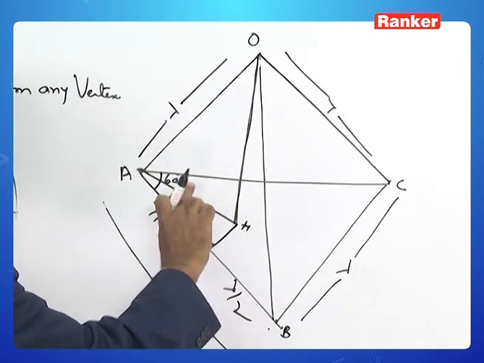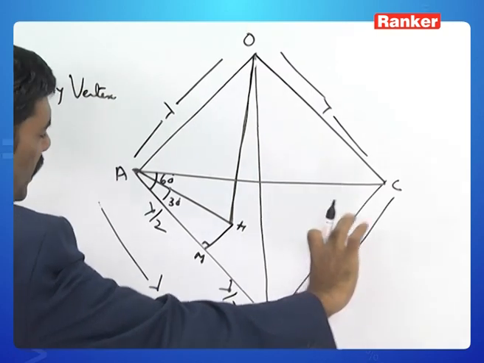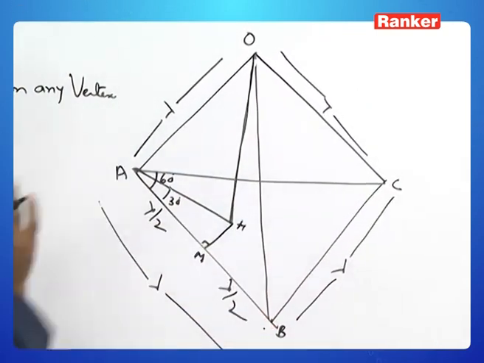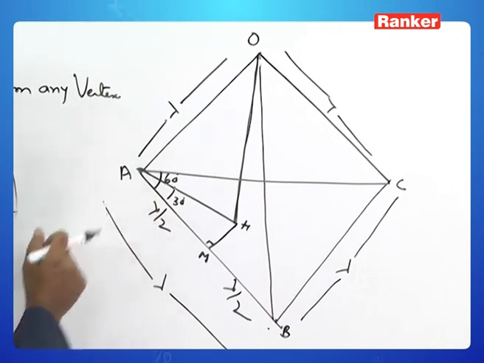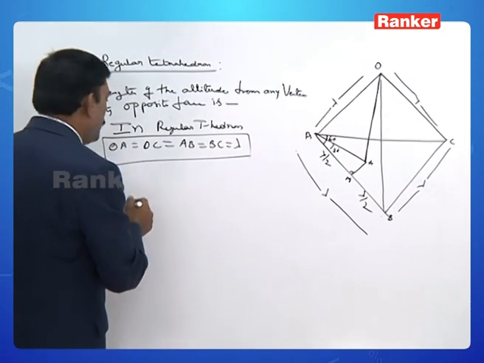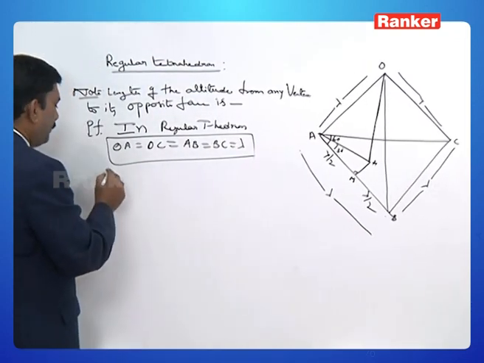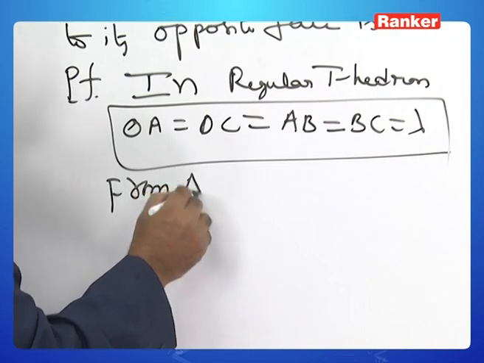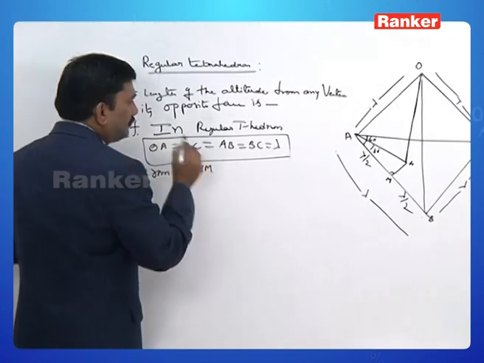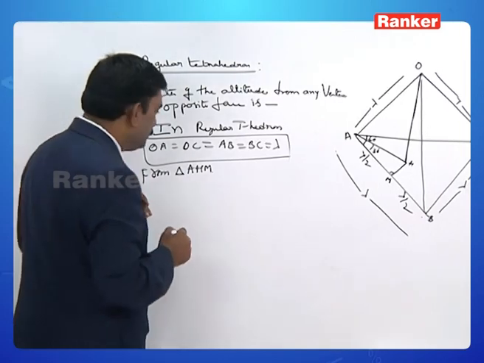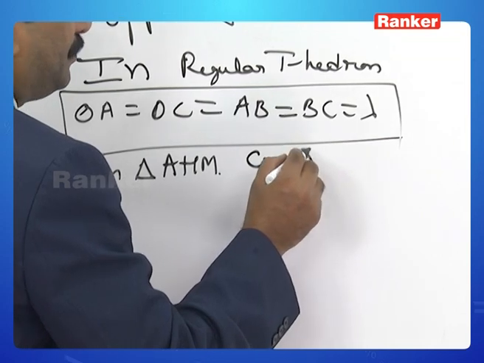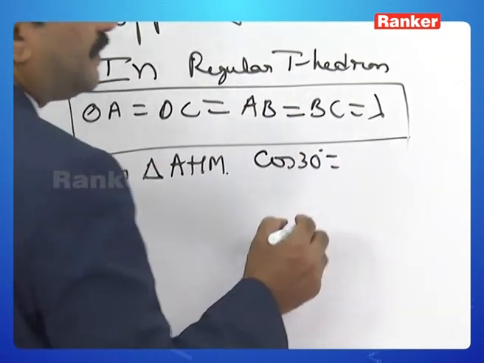Total angle is 60. The triangle is an equilateral triangle. The angles in a triangle are 60, 60, 60. So therefore, half angle is 30. Now from triangle AHM, I will write cos 30.